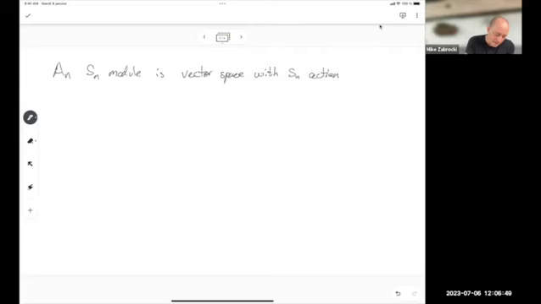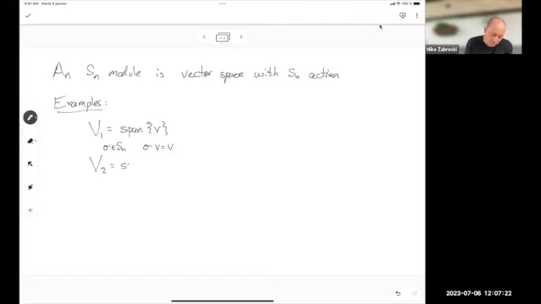The easiest example is called the trivial module. We have V1 equal to the span of a one-dimensional module. There's one vector, and when the symmetric group acts on V, sigma V is equal to V.